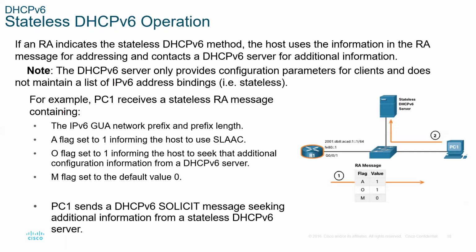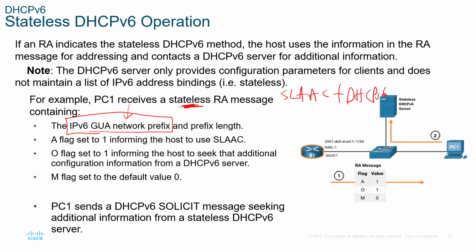Example, PC1 receives a stateless RA message containing the IPv6 GUA network prefix and prefix length. When we talk of stateless, it means we have SLAAC plus DHCP version 6. The IPv6 GUA network prefix is what is used by SLAAC to form the first 64 bits of the network.